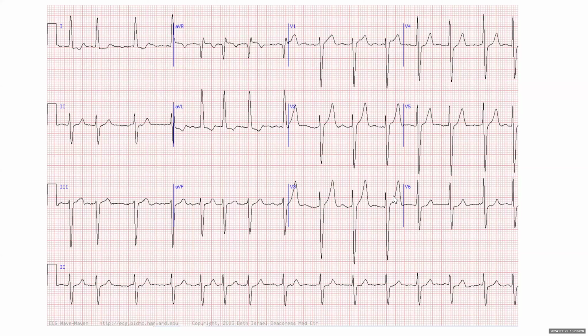When do we call it left anterior fascicular block? Negative QRS in lead... When you have left axis deviation, QR in 1 and aVL, RS in lead 3 and aVF.